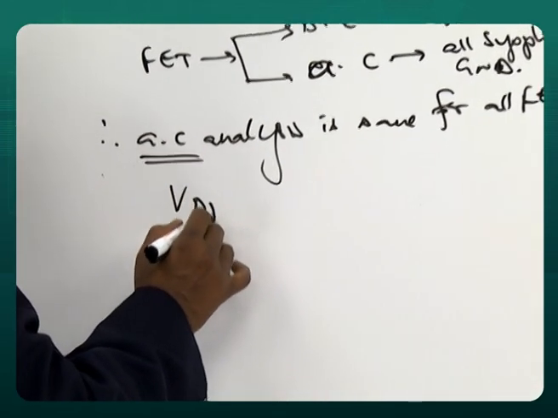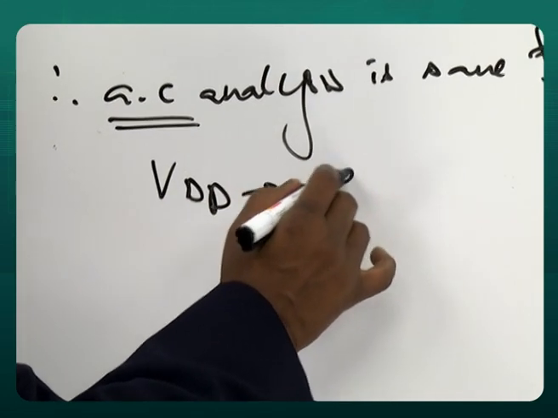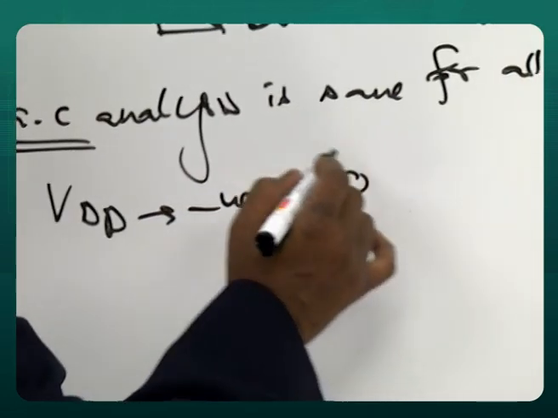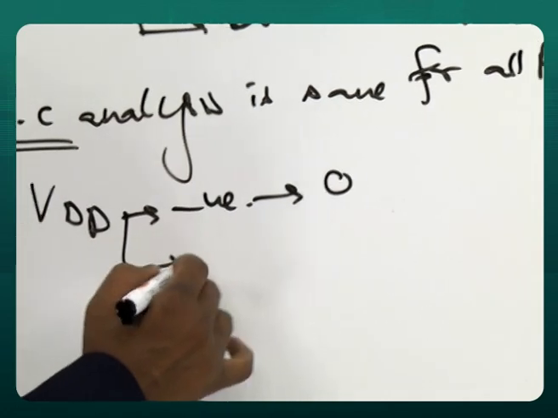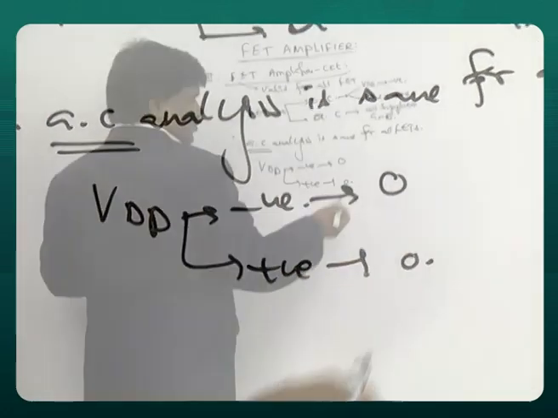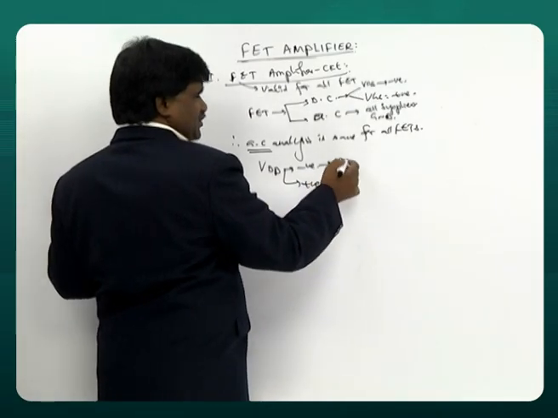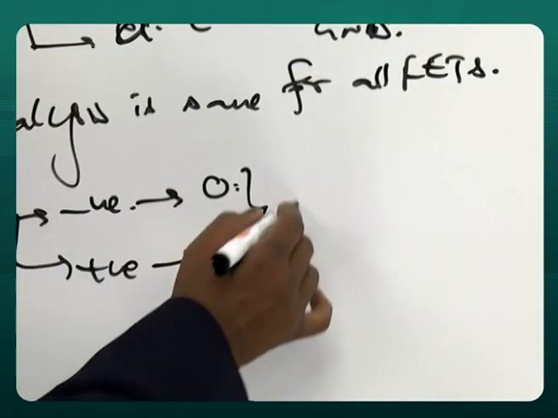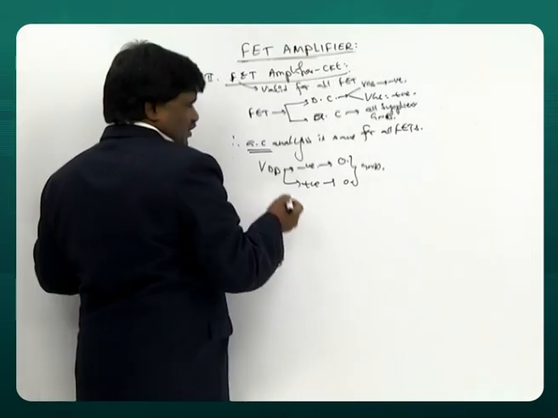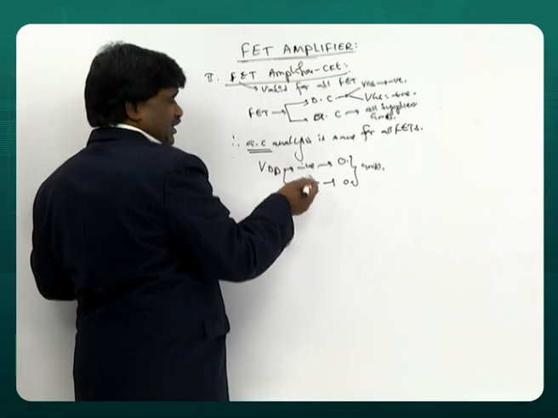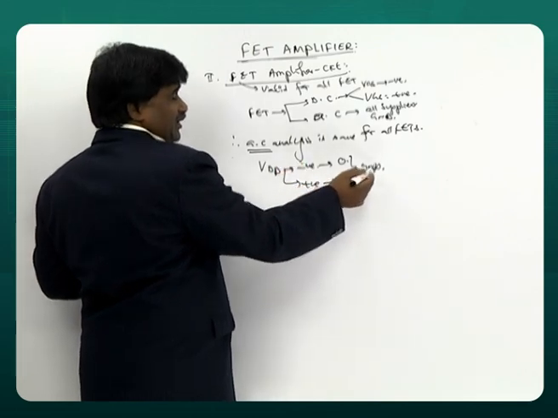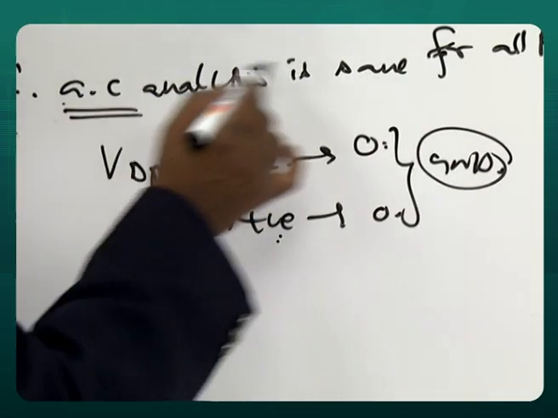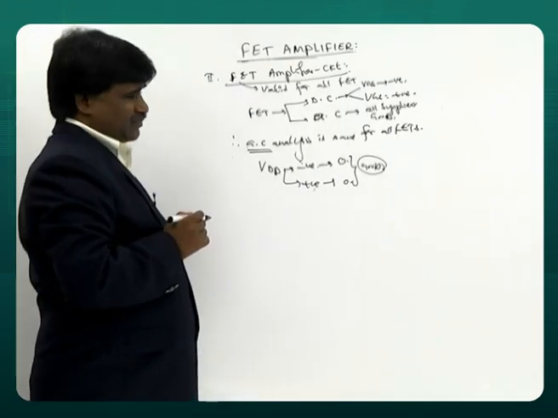For example, you give VDD negative, but for AC it is 0. Give positive, for AC it is 0. 0 volts means ground. So whether it is N channel or P channel, JFET or MOSFET, it is grounded. That's why AC analysis is the same.